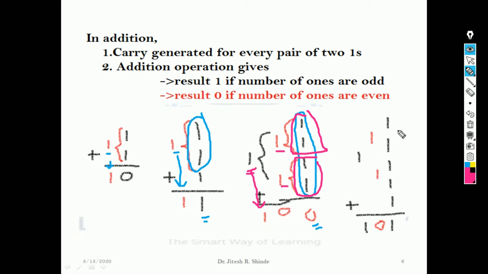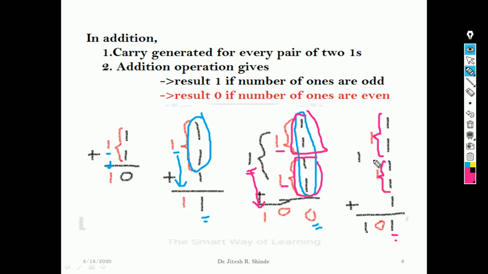Another example. Here we are adding five ones: 1, 2, 3, 4, 5. The number of ones is odd, so the result here is 1 at this place. Every two ones will generate 1 carry. Because of these two ones, this carry is generated, and because of these two ones, this carry is generated. Every two ones generates 1 carry, so there are two carries here.